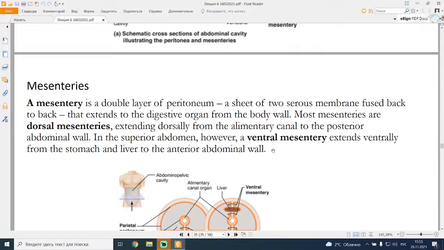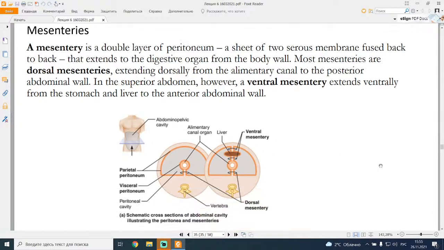Mesentery. A mesentery is a double layer of peritoneum, a sheet of two serous membranes fused back to back and extending to the digestive organ from the body wall.